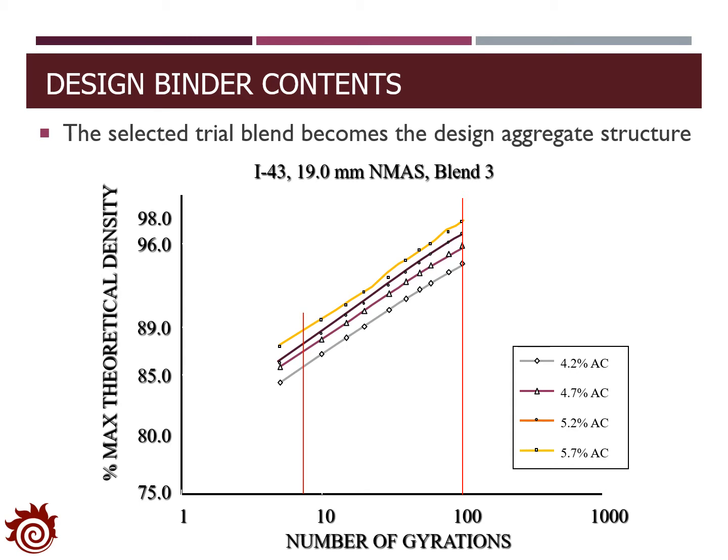Based on the defined traffic level, we can find that the value for N initial is 8 and N design is 100. From the results, we can observe that with a higher asphalt content, the maximum theoretical density, which is the maximum specific gravity, will be larger.